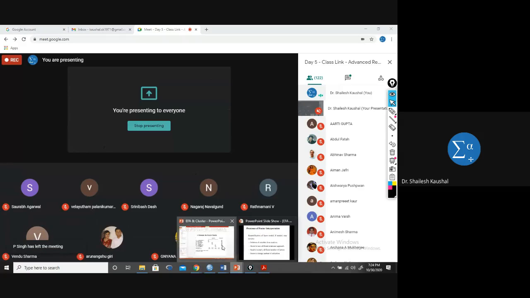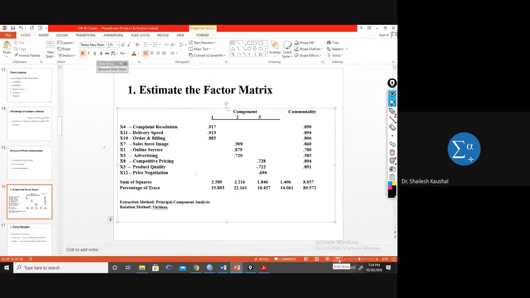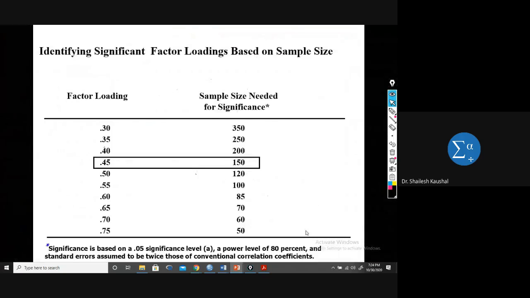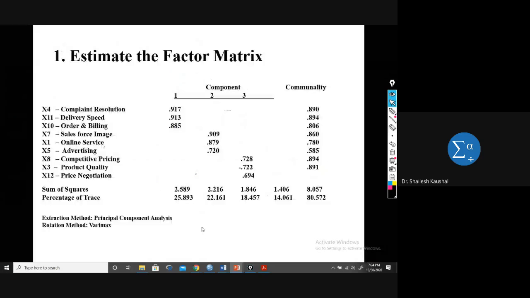The negative factor loading is basically the correlation between the two variables. Here negative means there is a negative relationship between them, because as I told you, factor loading is nothing but a correlation, and correlation values vary from -1 to +1.